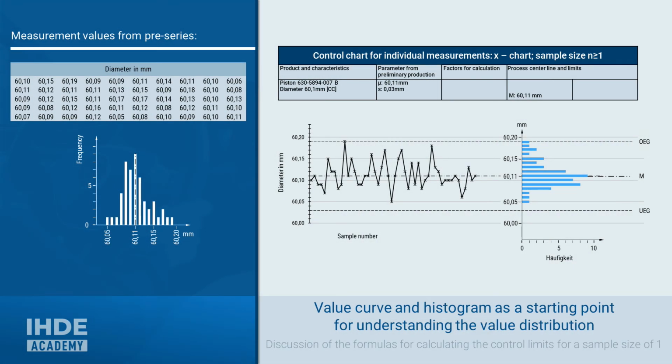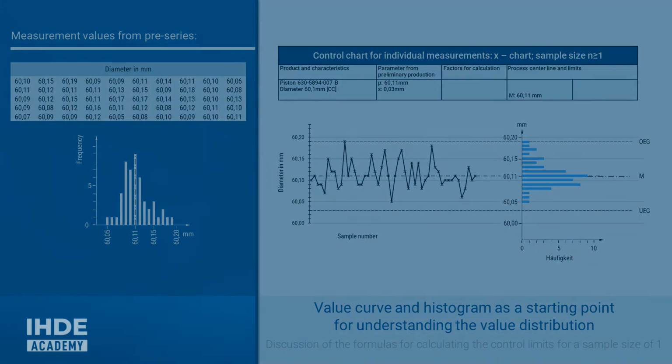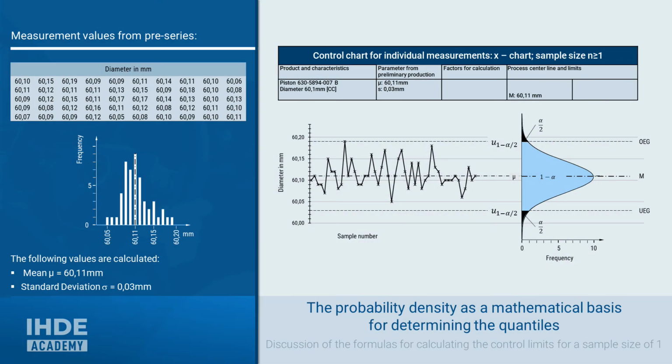So, once again, for the calculation made here, we assume that the values are approximately normally distributed. The representation in a histogram offers a good first visual orientation. The distribution of the values is described mathematically using the probability density function.